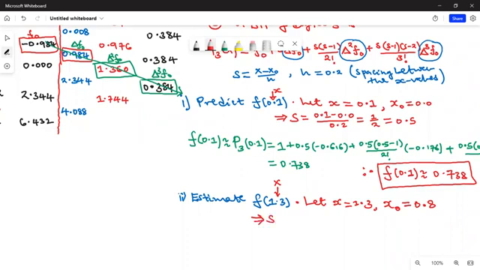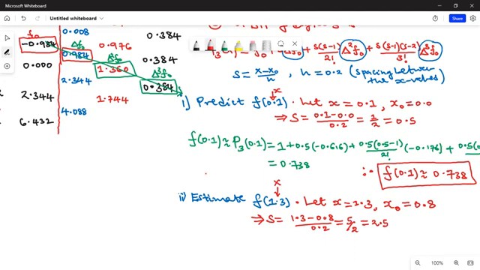You write s is equal to x minus x naught over h, that's 1.3 minus 0.8 over h, which is 0.2. So press that in a calculator. When you work it out, you need to get 5 over 2, which is 2.5.